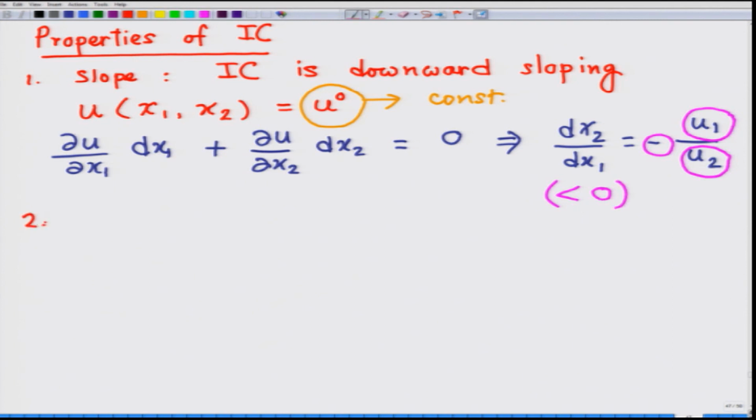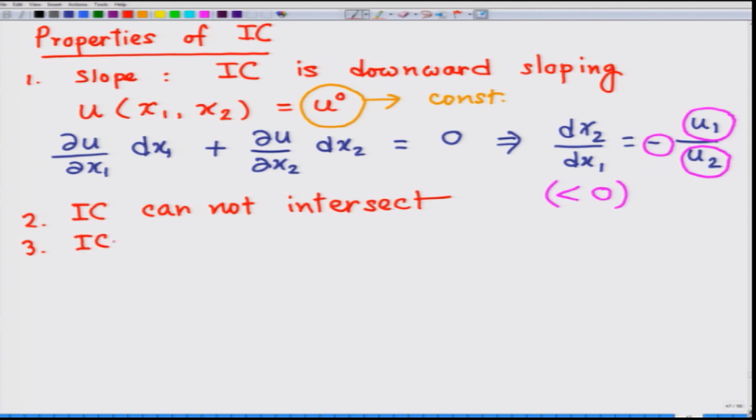Let us talk about the second property of indifference curve. Two indifference curves cannot intersect, because then there will be some logical violations.